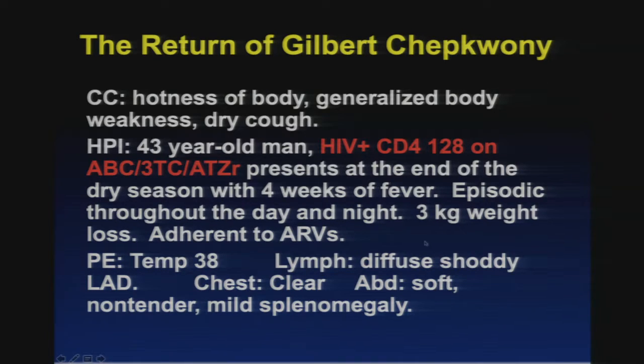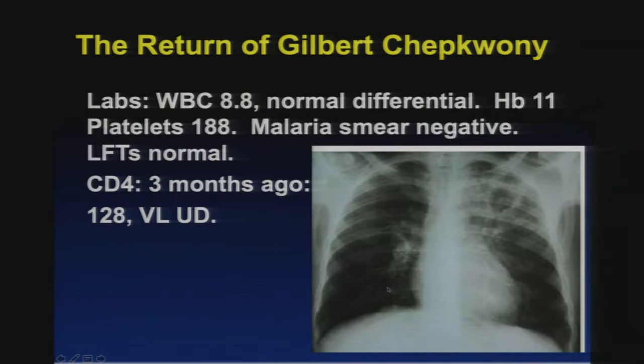He has diffuse lymphadenopathy, chest clear, abdomen soft. Here are his other data. His white count is 8.8. His normal diff, his hemoglobin is 11, platelets 188. His CD4 3 months ago was 128. His viral load is undetectable. He has an abnormal chest X-ray, abdomen normal.